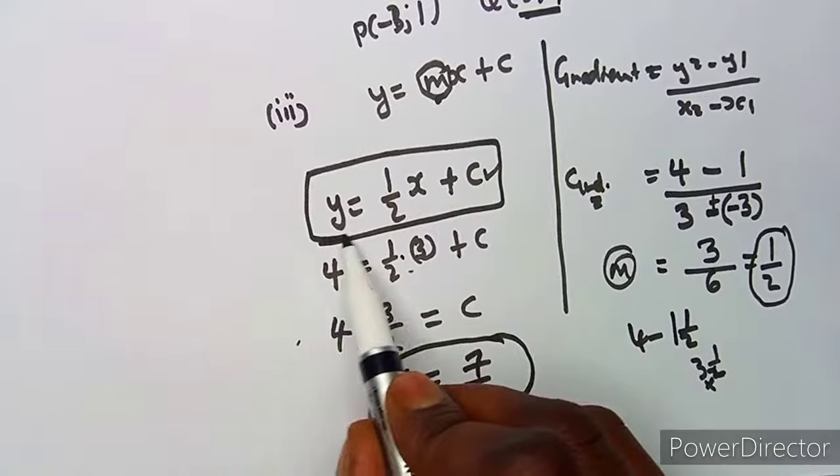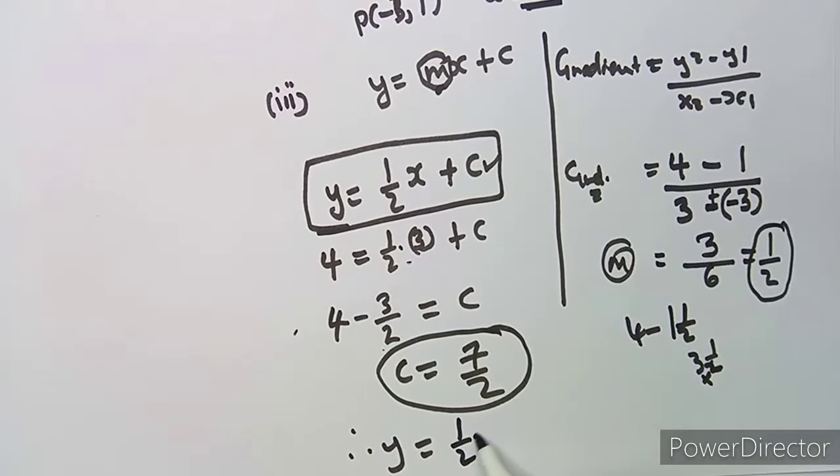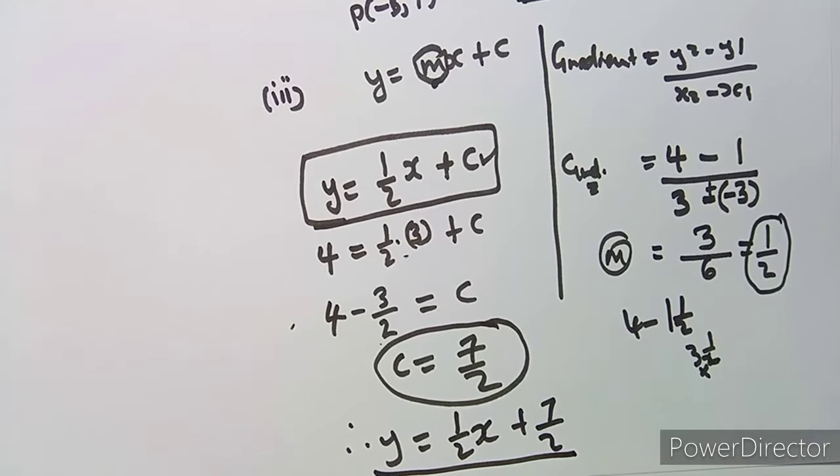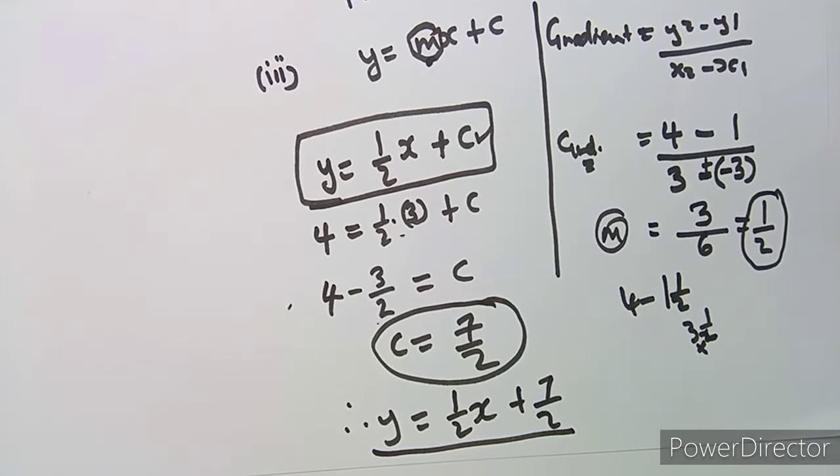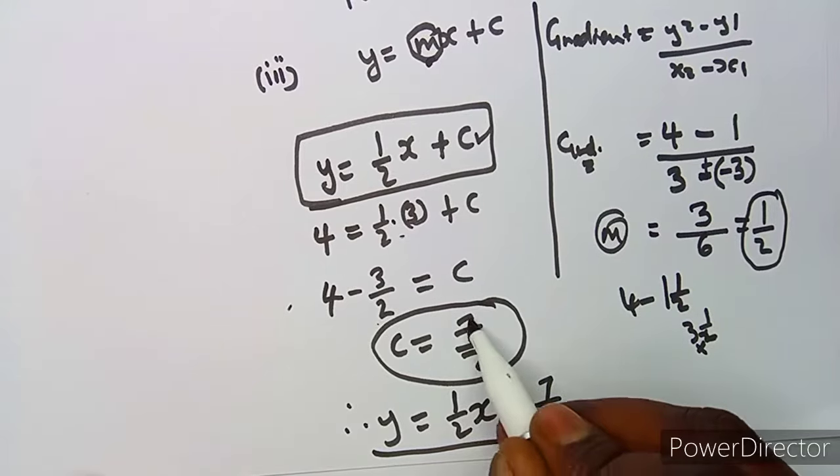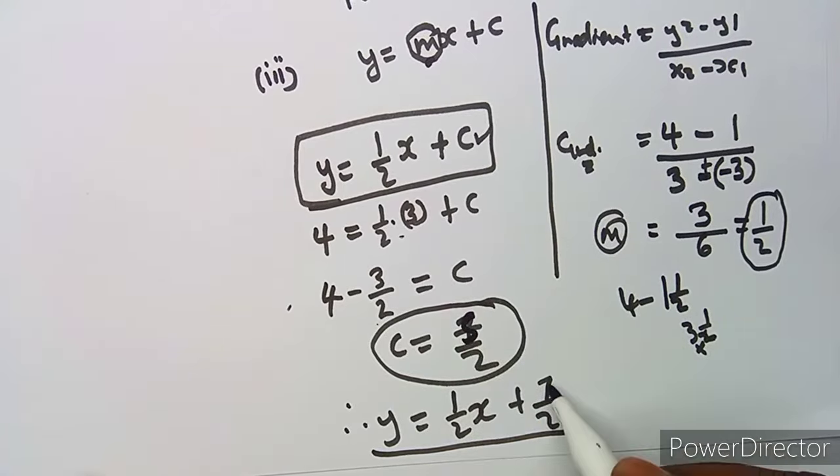So all you need is to substitute this. It's going to be y = 1/2 x + 7/2. That's what you're going to have. But I just want you to cross-check properly, guys, the values we obtained there. 4 minus 3 over 2, that's what you got, which is 5 over 2, not 7 over 2. This is 5 over 2 there.